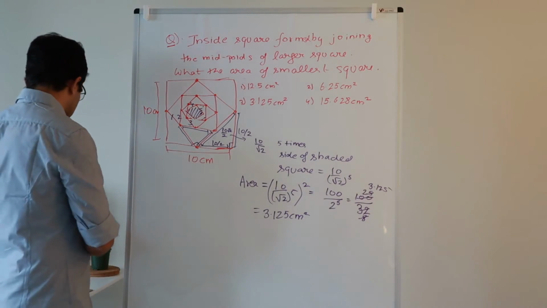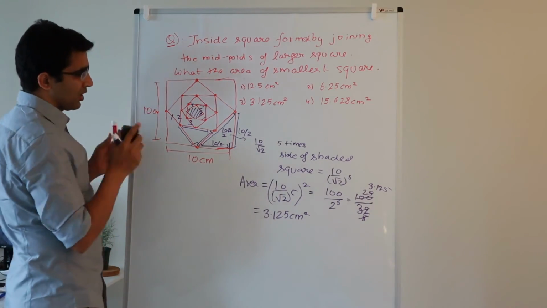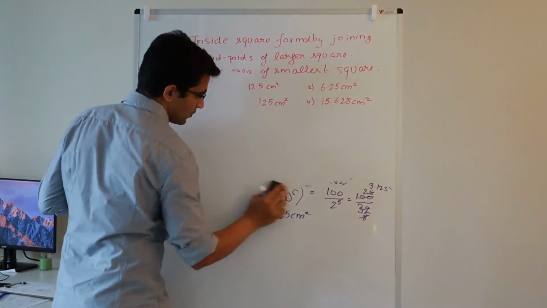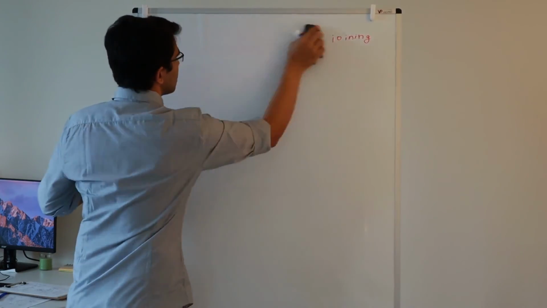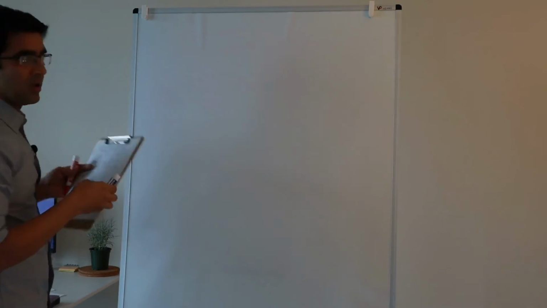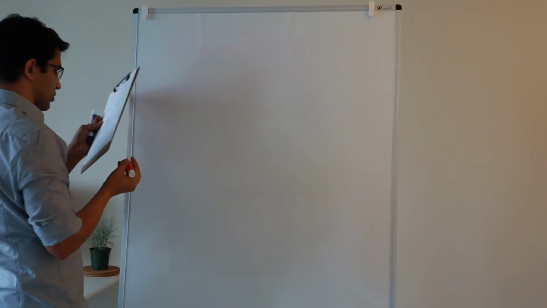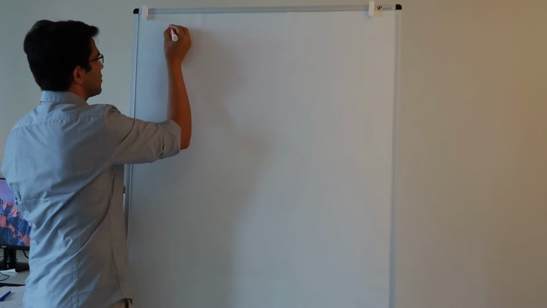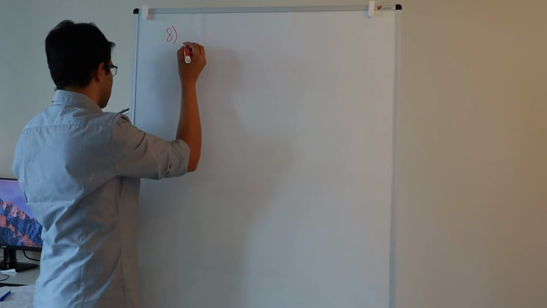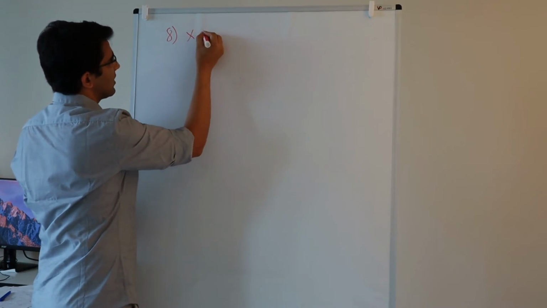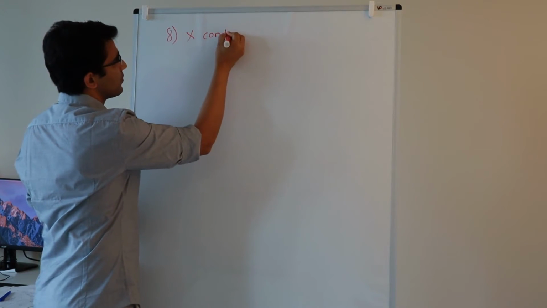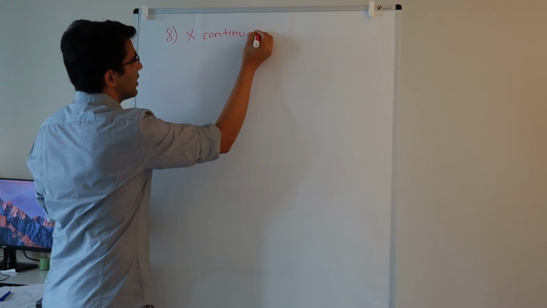Now there is the last question that we'll take a look at. So the last question goes something like this. This is question number 8 in your exam. So you have x, a continuous random variable.